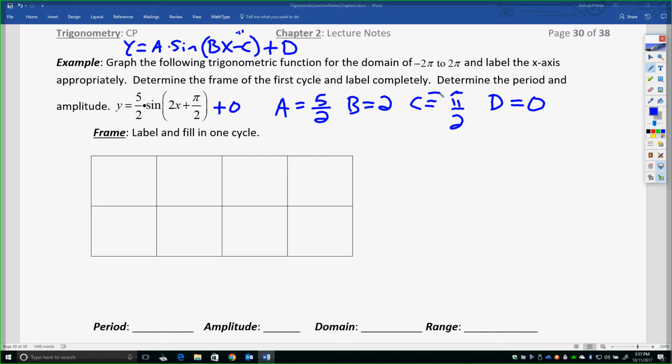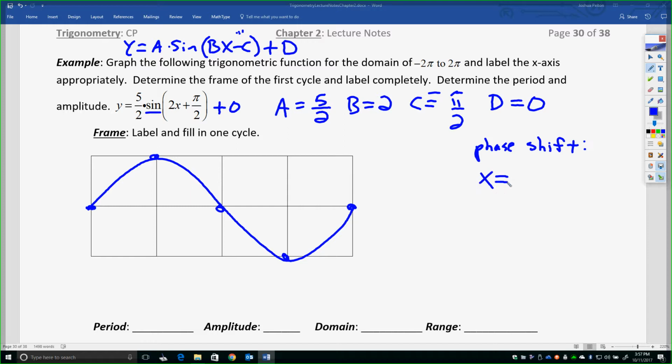Okay, so first off, this is a sine function. So therefore, the points arrangements have to be like this. And what's going to change is the values of where they're located. So first off, let's get where it starts. So the phase shift, that's going to be x equals c over b.